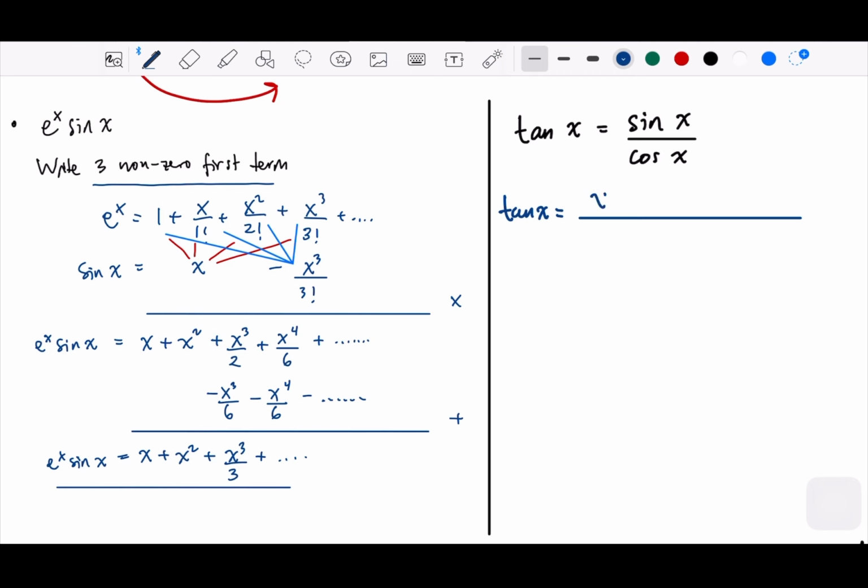So x minus, and then plus, and the cosine is from 1, and then the even numbers and alternating.